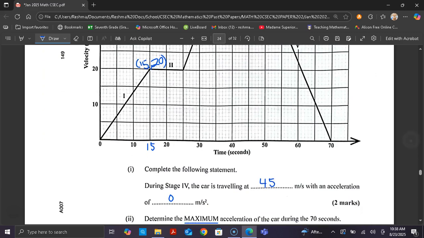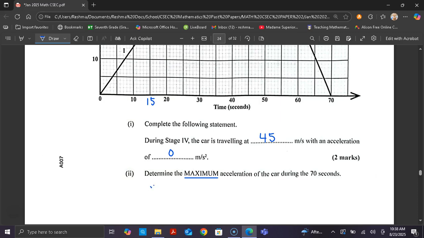So if we do a quick calculation, acceleration we know is change in velocity over change in time, 20 divided by 15. If we divide that, we get 1 1/3. So the acceleration for stage 1 is 1 1/3 meters per second squared.